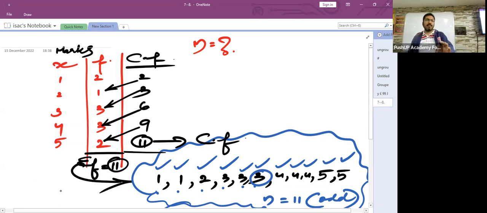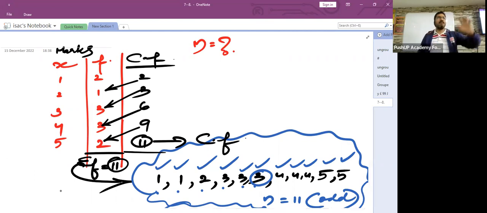And if you see what is the last number which comes in the column of cumulative frequency, that is also 11. Always remember, children, in ungrouped tabulated data or grouped tabulated data, whatever answer you get for sigma f, the same will be the last value which you get in the column of cumulative frequency. Please remember this.